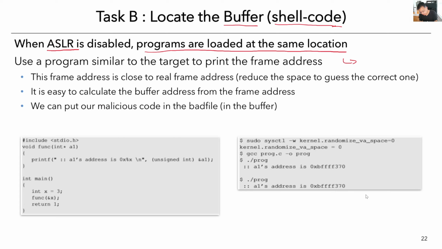If we use a program similar to the target, we can print the frame address. For example, we can just add a line of printf in the vulnerable function. The buffer sits on the stack, right?